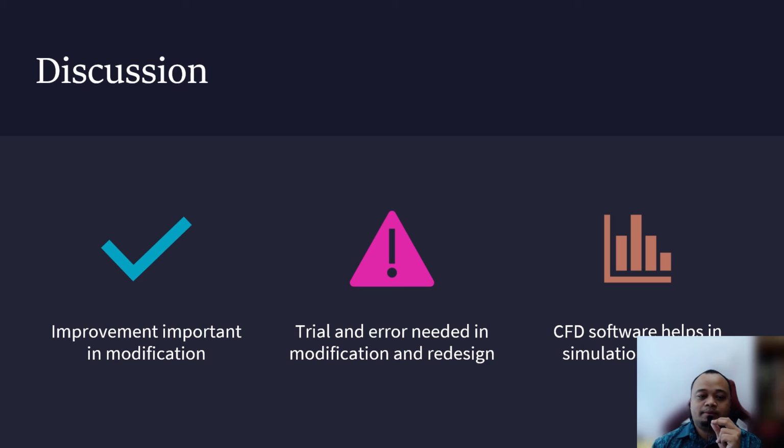So I think it should be mentioned that trial and error is needed in order to achieve the objective in modification. If the first try is a failure, it should be done again and again until the desired result is shown. Lastly, I agree that CFD software helps in simulation analysis, where it saves costs compared to making a prototype and running the test inside the lab like before.